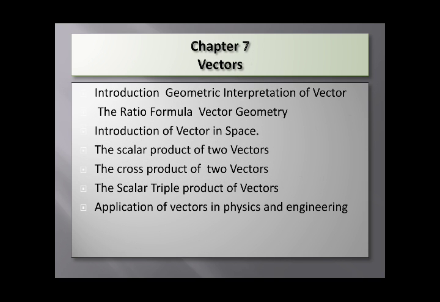Chapter 7 is totally different: vectors. Introduction, geometry, reinterpretation of vector, the ratio formula in vector geometry, introduction of vector in space, scalar product of two vectors, cross product of two vectors.